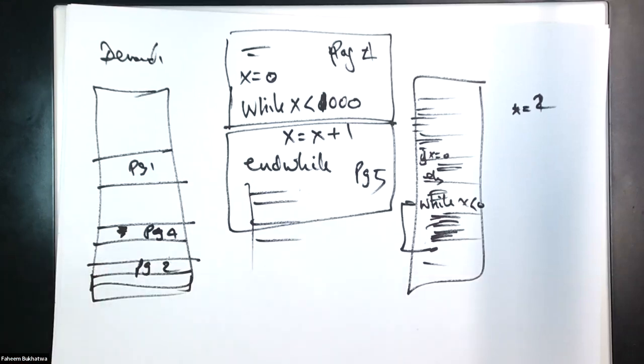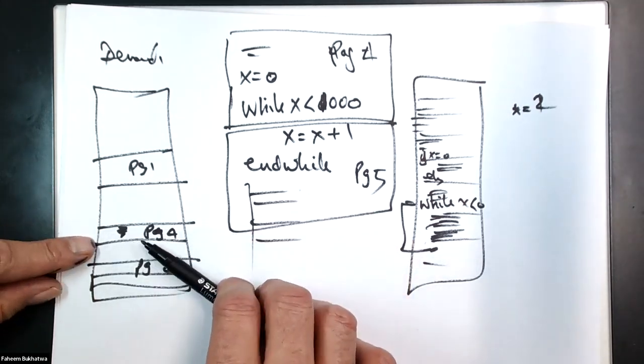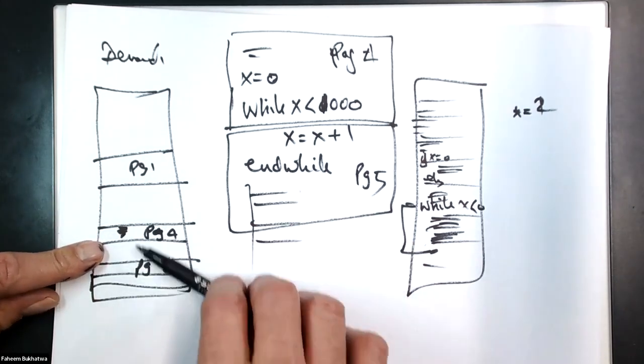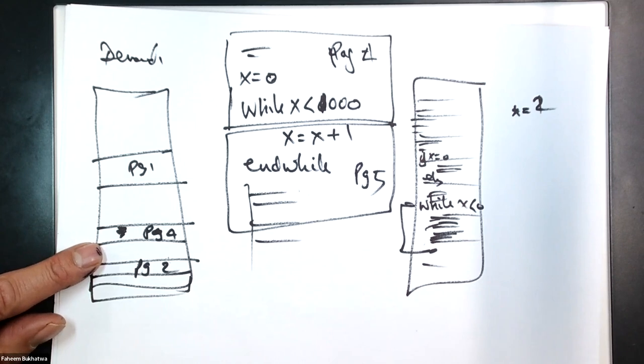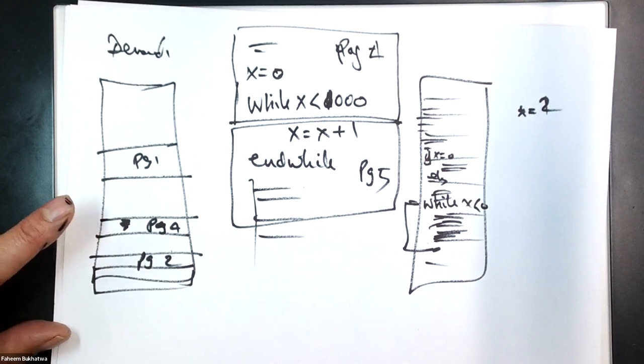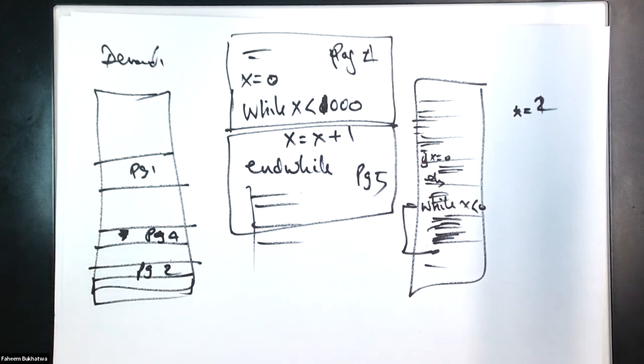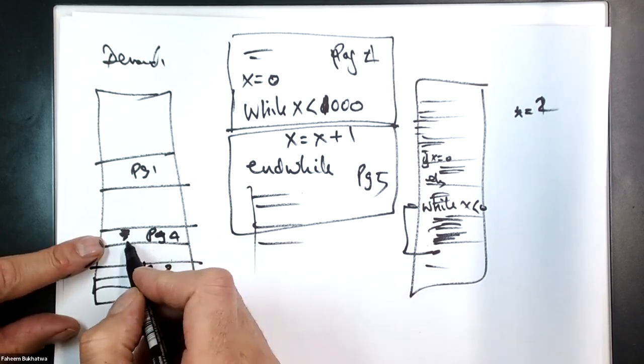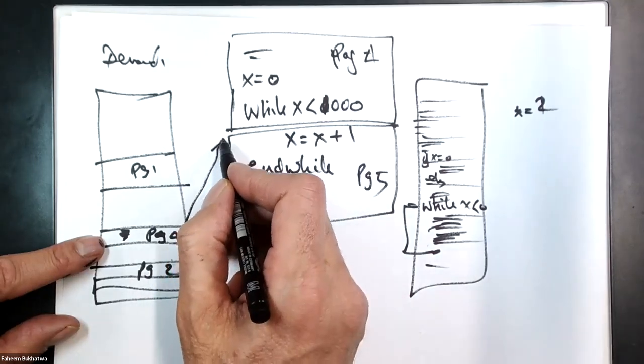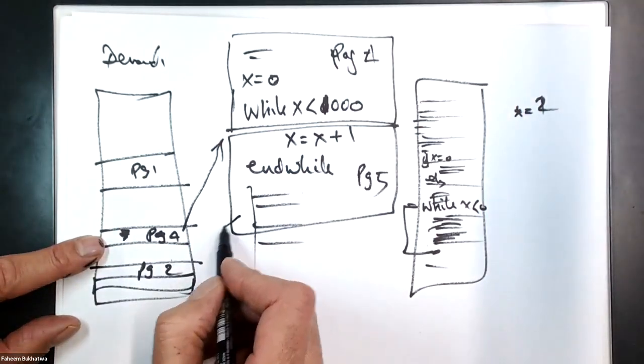Let's say the page fault handler says, okay, which of you came in last? Let's say the last page that came in, take it out. Maybe the system administrator said, if I bring 3 pages, the last one we probably won't need again, get rid of it. So the last page that came in is number 4. Get rid of number 4, write it to the hard disk and bring in number 5.